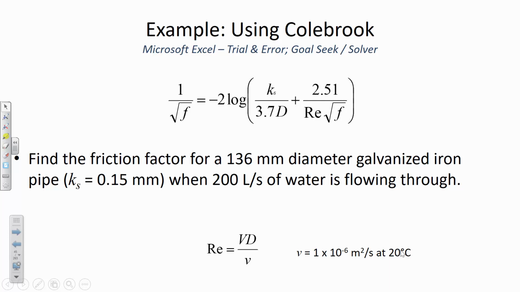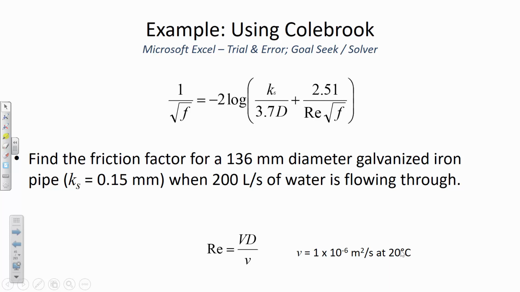For this pipe diameter, let's calculate the cross-sectional area. It's pi d squared over 4, so pi times 0.136 meters squared divided by 4. The cross-sectional area is 0.01453 square meters. And if we've got the cross-sectional area, we can find the flow velocity through the pipe.